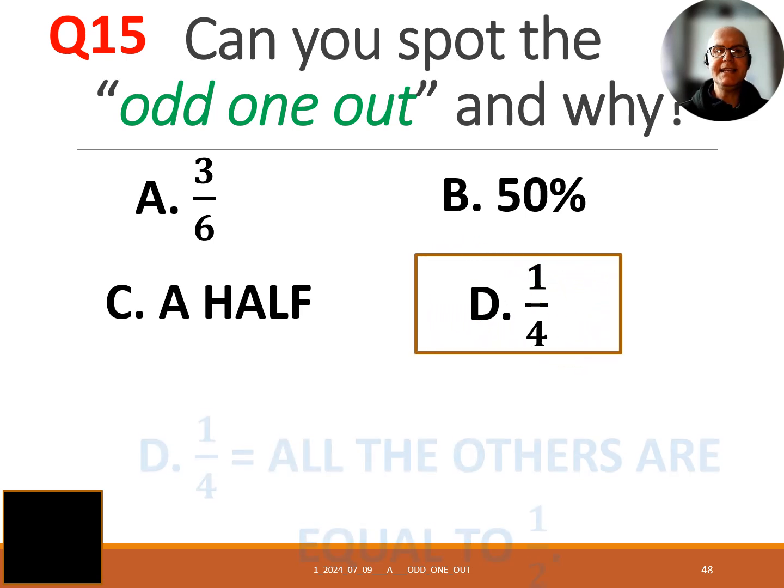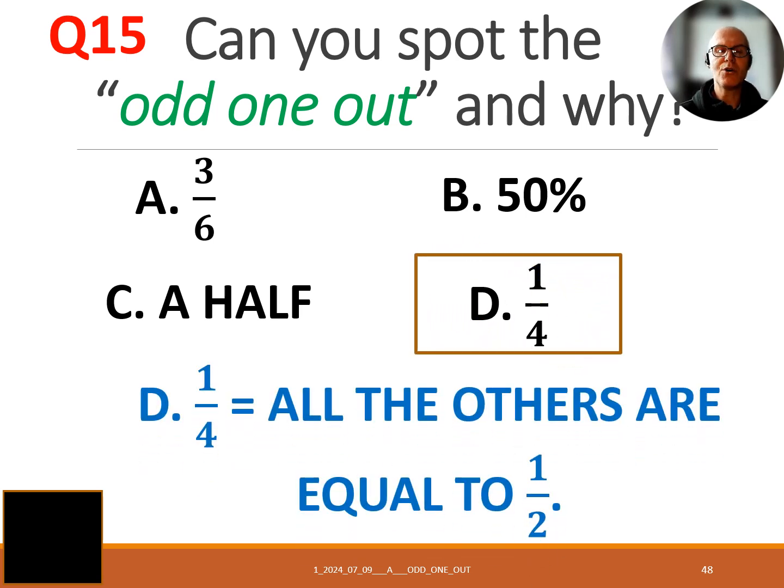The answer is D, a quarter, because all the others are equal to a half. 3/6 can be simplified to a half, 50% is a half, and obviously a half is the same as 1/2, a half.